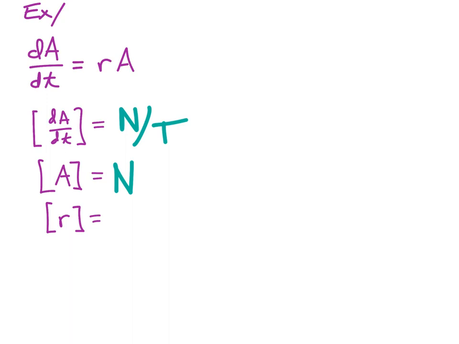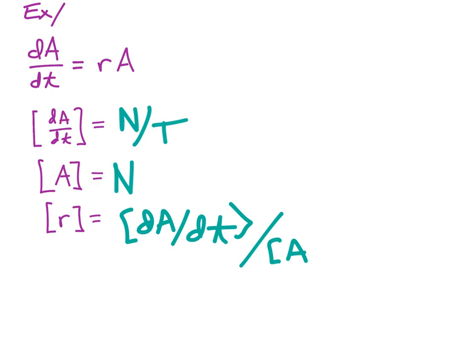So the dimensions of r are given by the dimensions of dA/dt divided by the dimensions of A, and this is 1 over time. So in this example, we can see that r is actually some kind of time scale. It has units of inverse time.